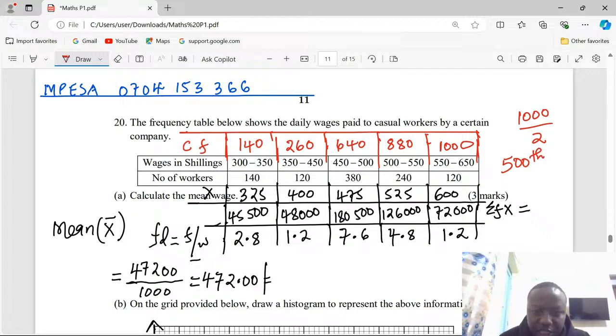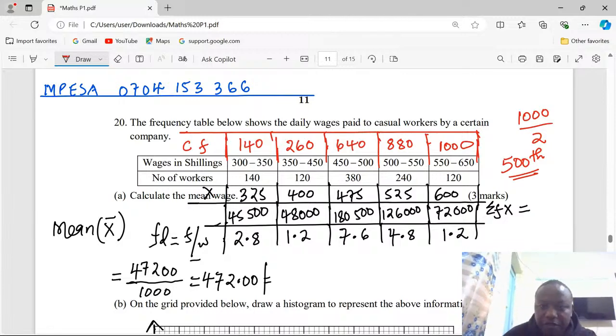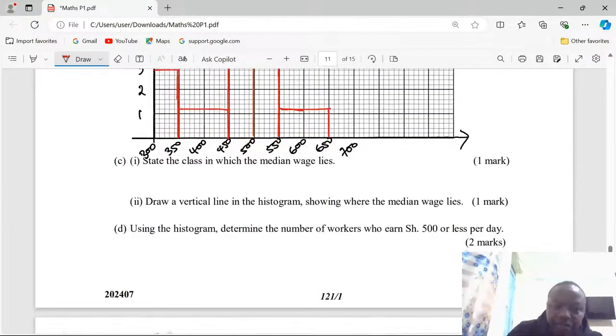When you look at the cumulative frequencies, by the first class we have only 140. By the time we're in the second, we have 260. In the third, we have 640, and that is where the median shall lie. So the class will be 450 to 500.